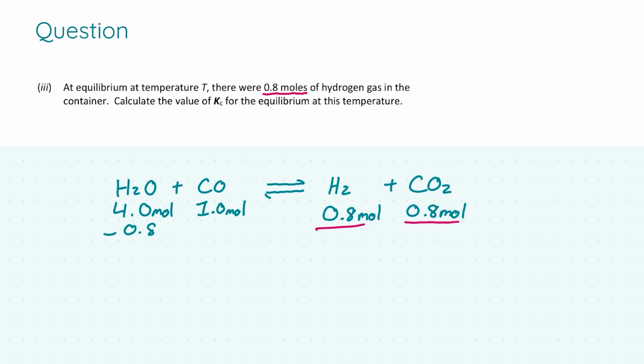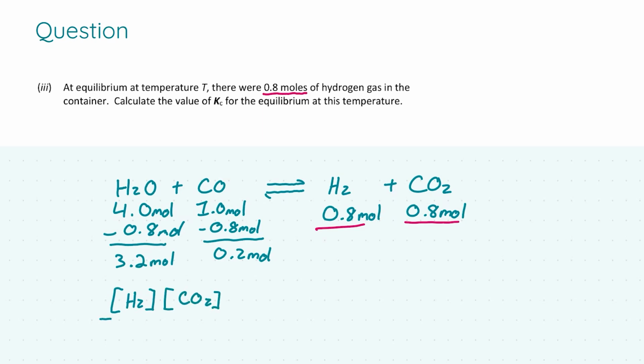So if we take 0.8 off each of these, and you could throw this into a calculator if you wanted just to be sure of it, but this is 3.2 moles, and this is 0.2 moles. And then that is all our values at equilibrium. That's all our concentrations. So we just fill that into what we worked out in part 2, our equation for our Kc value, and then we get an answer for our Kc.